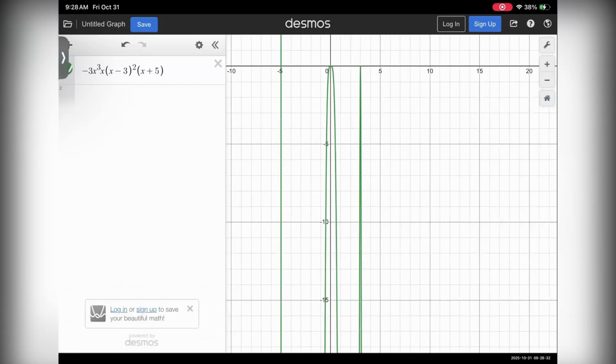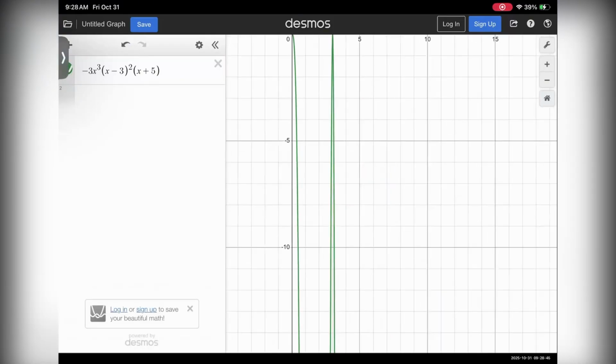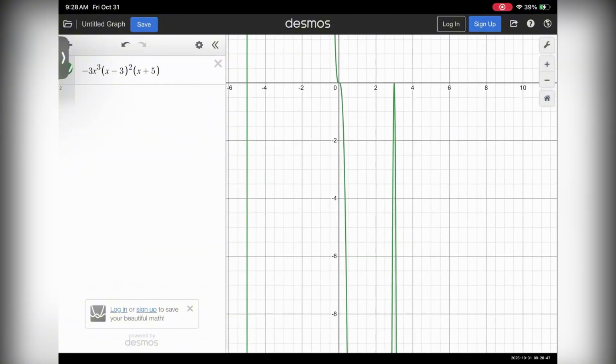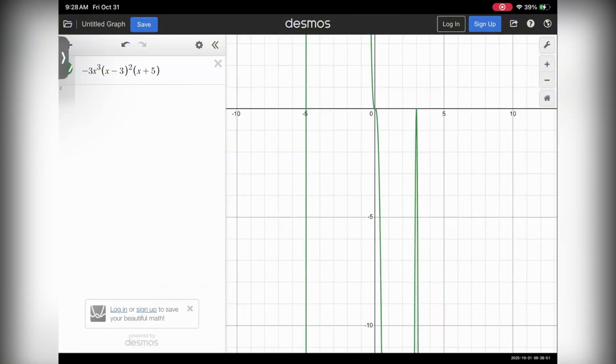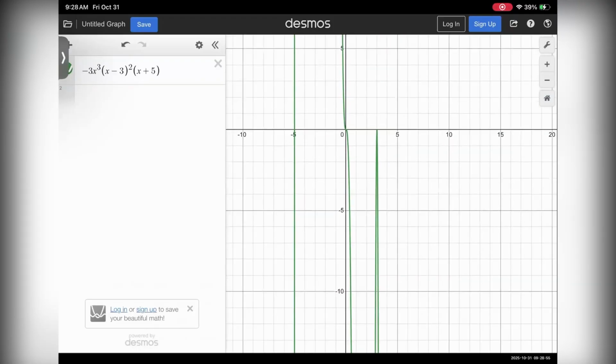Oh, you have an extra X in there. You just need to, it's cubed.